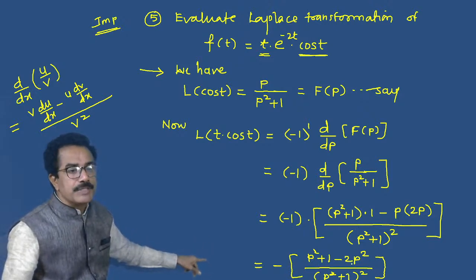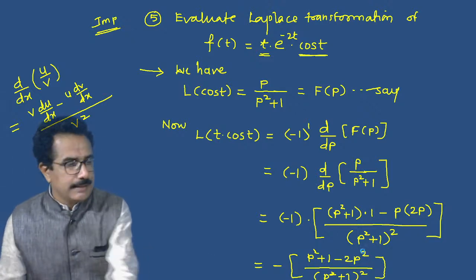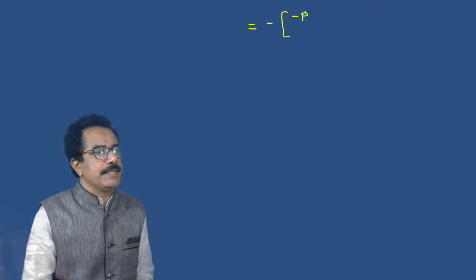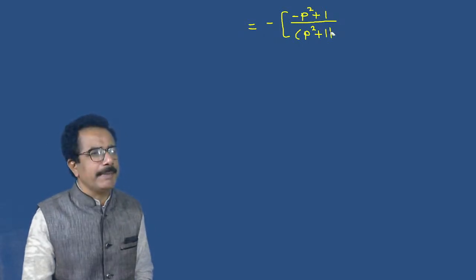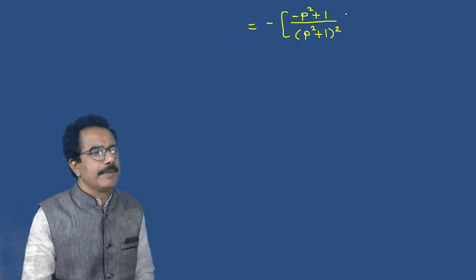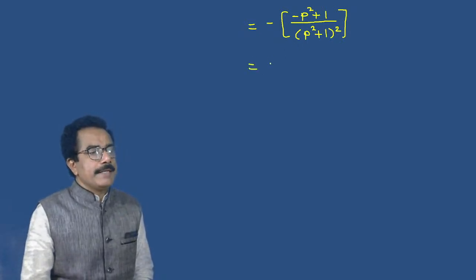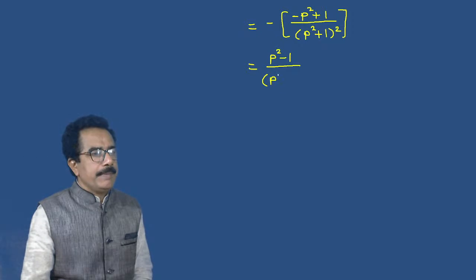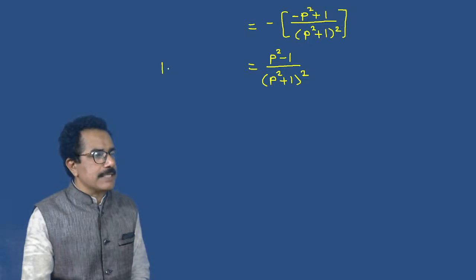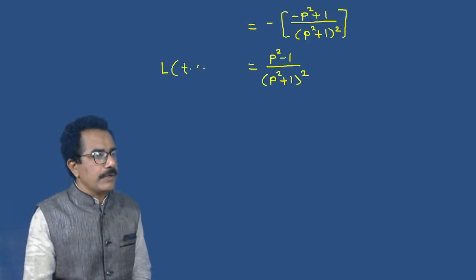P square minus 2p square means minus p square, that is equals to minus p square plus 1 divide by p square plus 1 bracket square. Actually, this is a very simple mathematical calculation, so there is no problem. Then multiply by minus, so p square minus 1 divide by p square plus 1 bracket square. So this is the Laplace transformation of t into cos t.